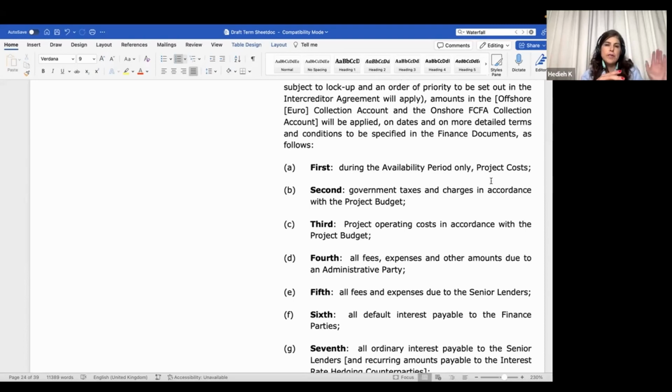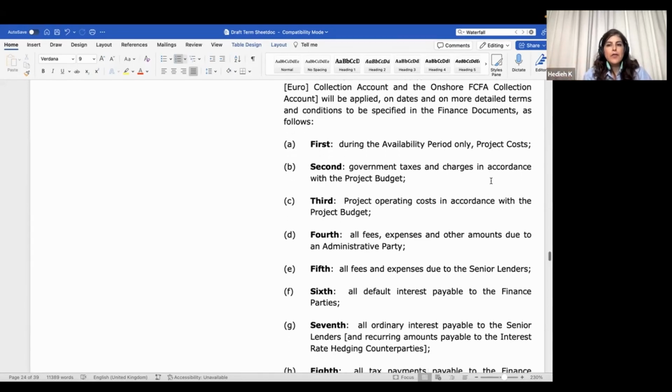These are all the discussions that will be dealt with in the sources and uses. However, with the cash flow waterfall, we start from this key date that is called the commercial operation date. So they say if there are any CapEx that are left after that, because availability periods sometimes go beyond construction, the money first goes to CapEx.